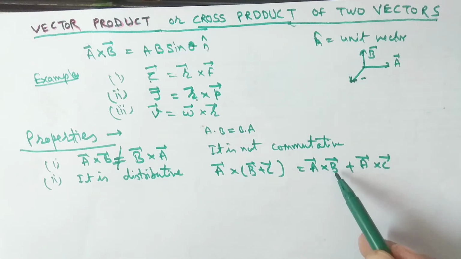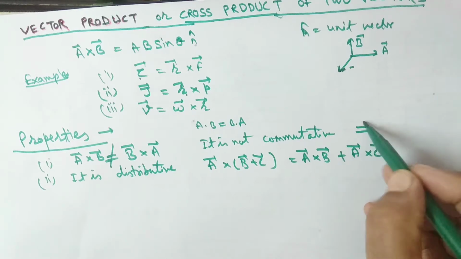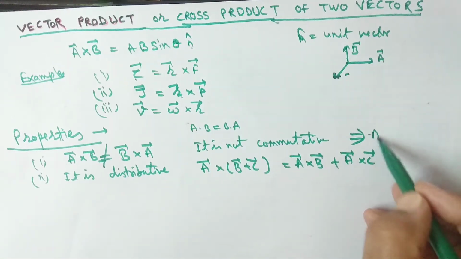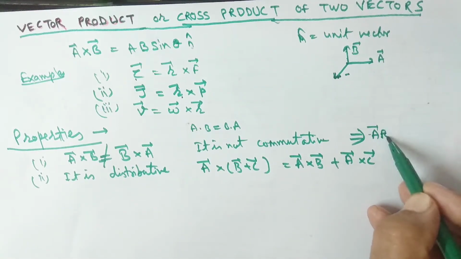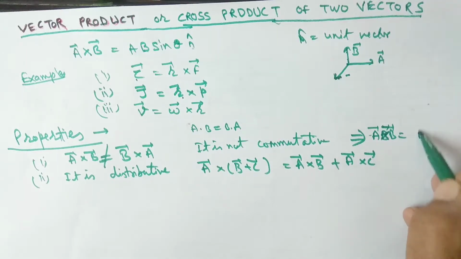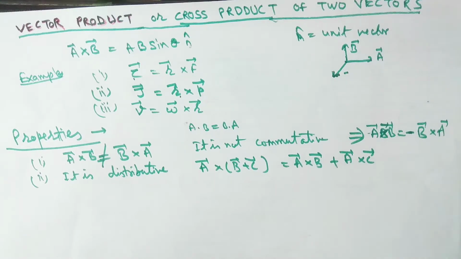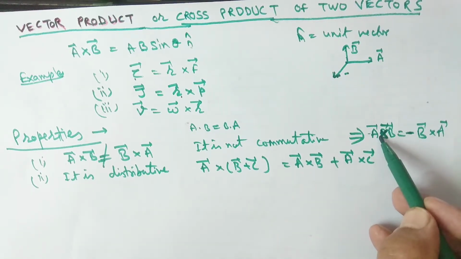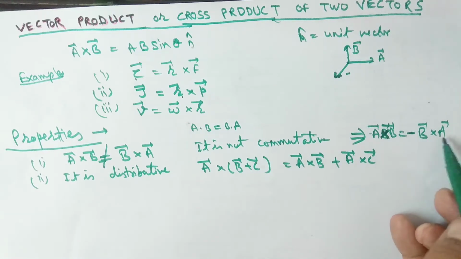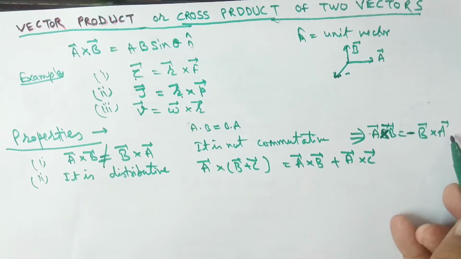It should not be changed, because according to the first property, A cross B is not equal to B cross A, but it is equal to it with a negative sign. A cross B is always equal to minus B cross A. So this is the property.